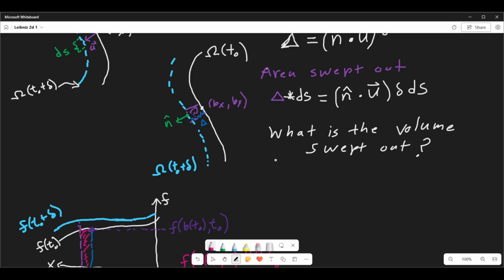So it suffices to use a function of bx, comma by, which is actually along the boundary at t naught, comma t naught, to compute volume.